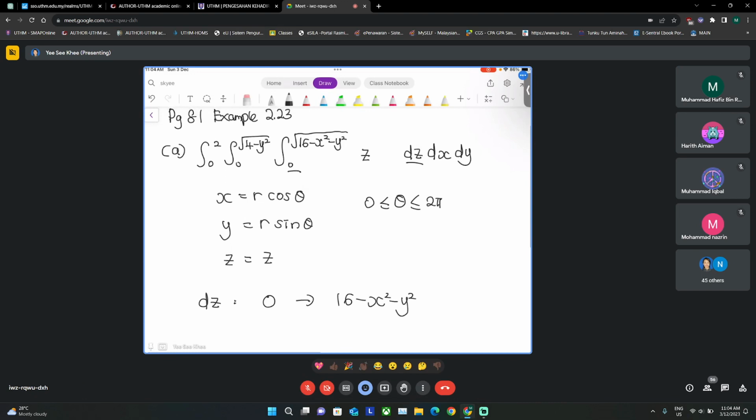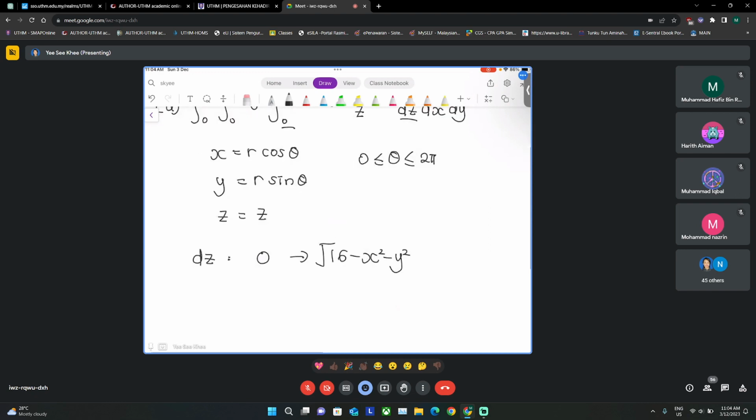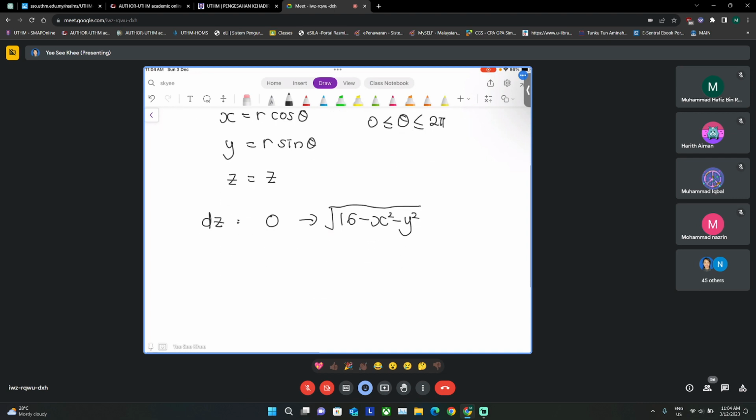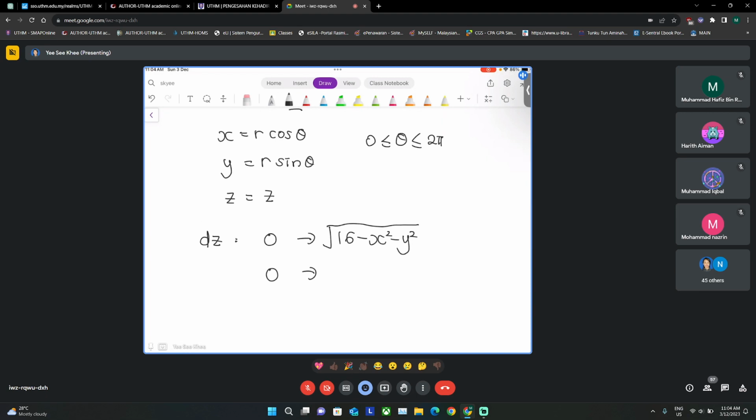So for this dz, we can convert it directly, meaning that we don't want to see the x and y anymore. Oh yeah, I think I missed one formula over here. We still have x square plus y square equals r square. So these are the relationships between x, y, r, and theta.